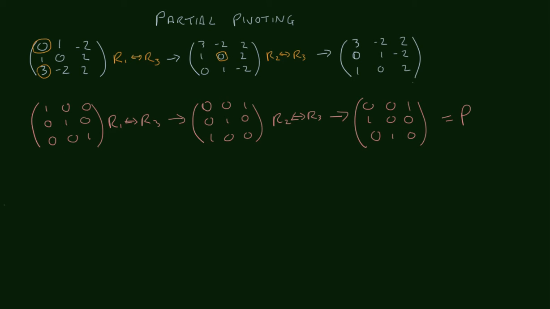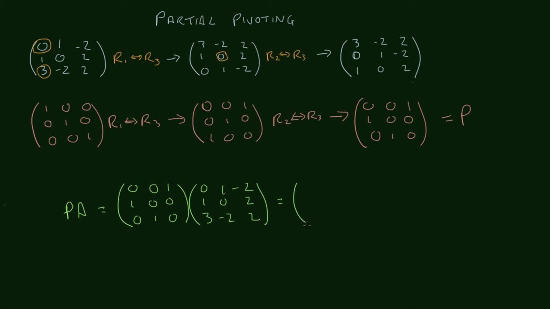Permutation matrices are useful because if I multiply P by A, I will get the matrix up here, which was the effect of applying those two row swaps. Let's check that. Let's say that's our original matrix: 1, 0, 2, 3, -2, 2. If I perform this matrix multiplication, it's quite easy, because for each row you look at which column the 1 is in, and that's equivalent to the row.